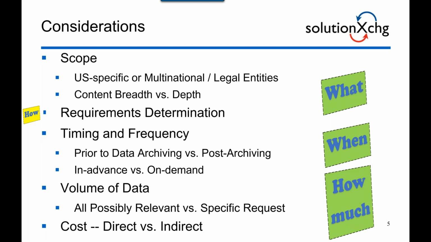So from a scope of extraction perspective, again, initially we'll be looking at this from a text-like perspective, but it will, as you'll see, broaden out very quickly. US only or multinational can be a significant difference.